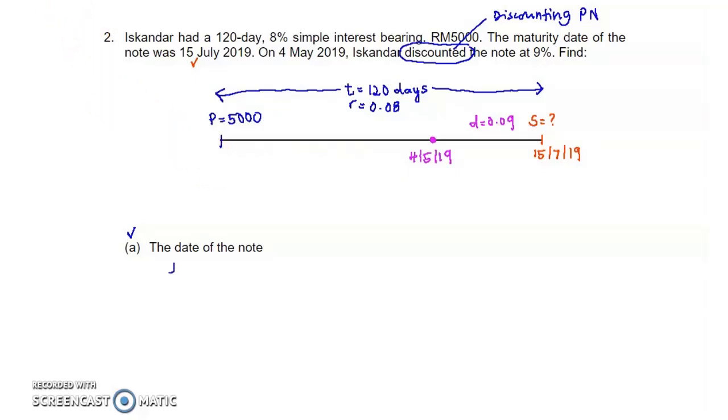We start with July, before July is June, now we work backward: May, April, March. Okay, let's say I stop at March. And we know that the term of the note, when you calculate this, total must be 120 days.